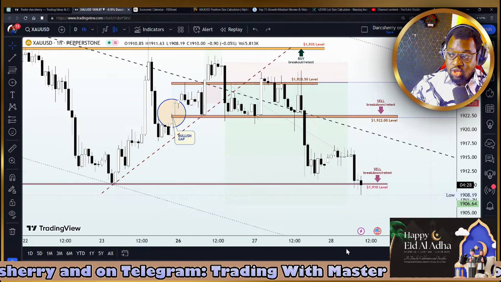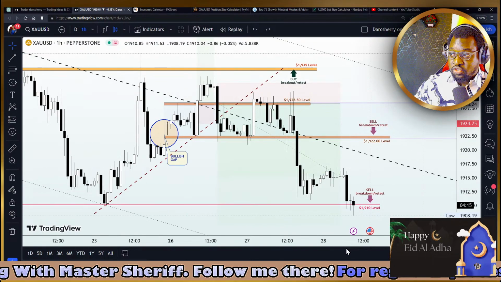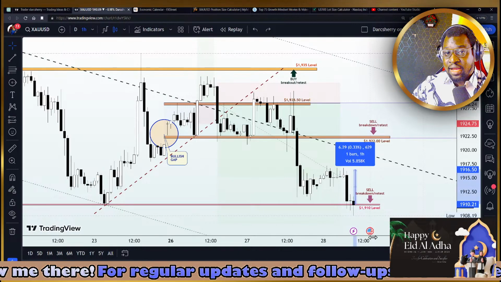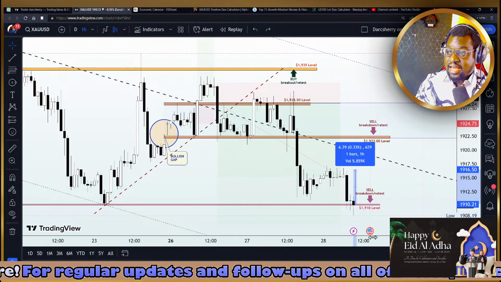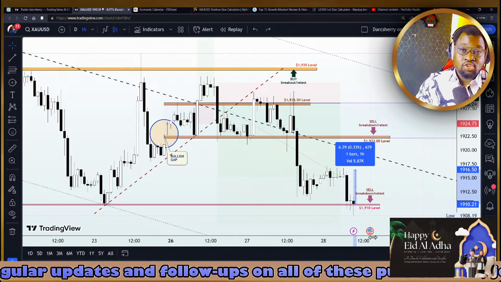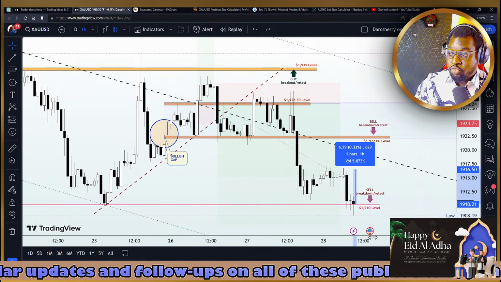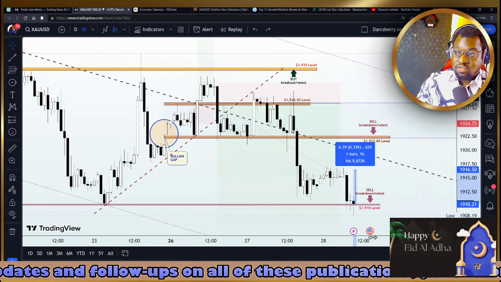Like I said earlier, we have a sell stop order triggered at this point, and our stop losses should be somewhere right above this high here, which comes to about 60 pips, just right above the $1,916 level. Let's give room for price action to breathe and see if we are going to have a successful breakdown retest of the 1,910 level.